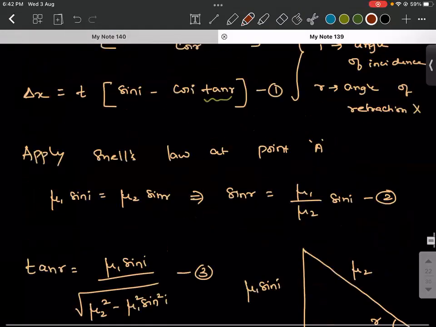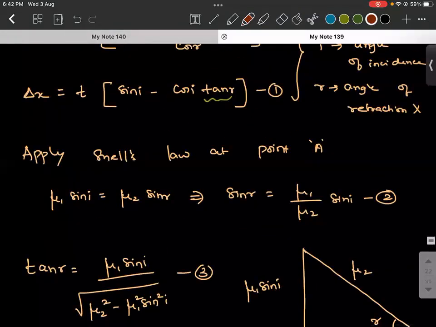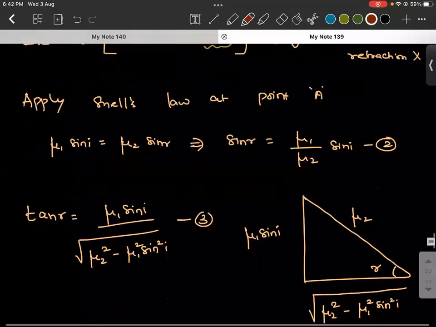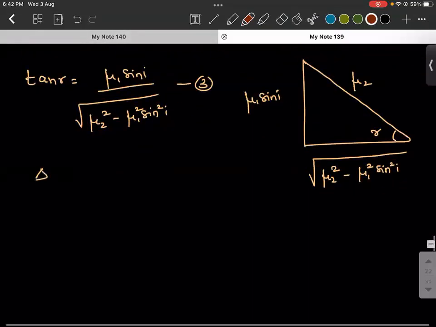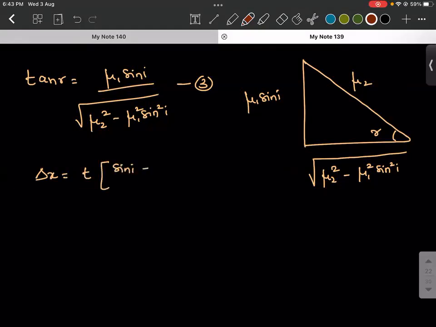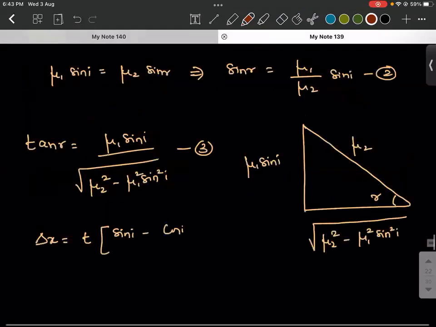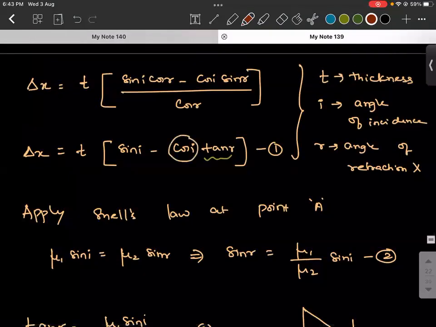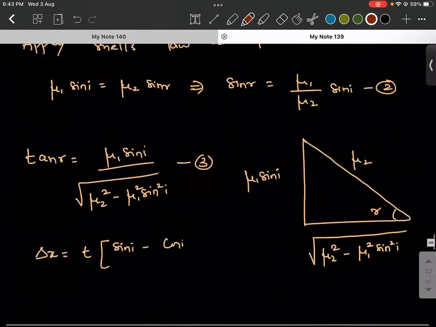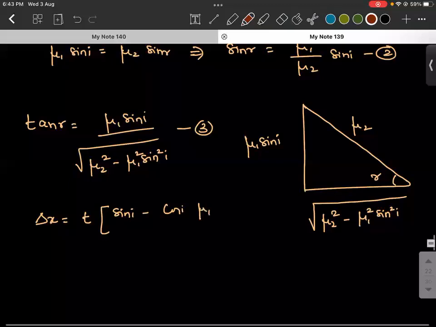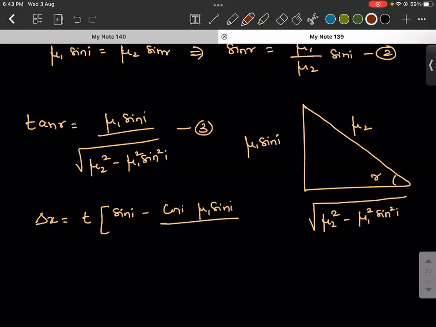So I will take 3 and substitute it in 1. When I do this, I'll get delta x is equal to t into sin I minus cos I into, in the place of tan R, mu1 sin I divided by root of mu2 square minus mu1 square sine square I.